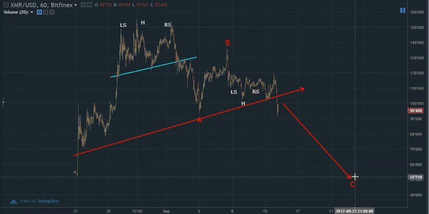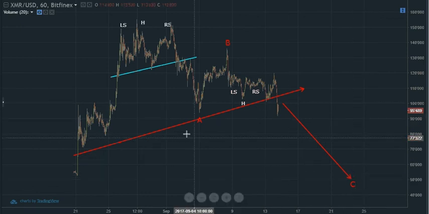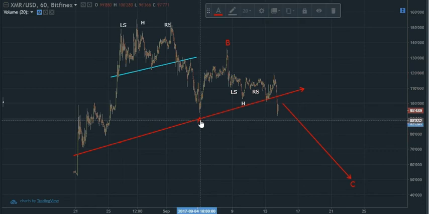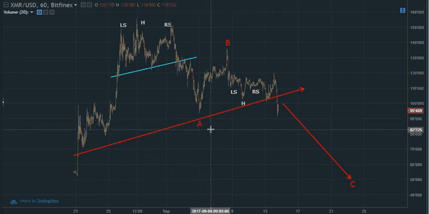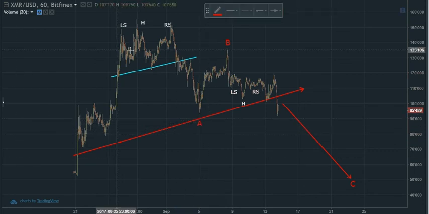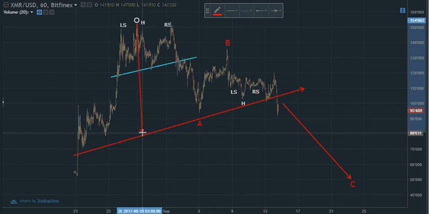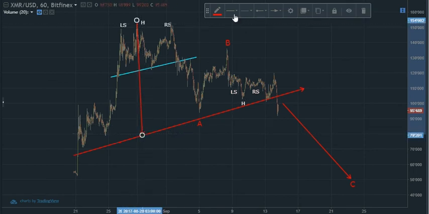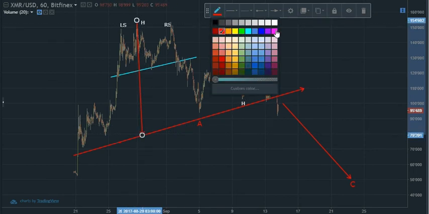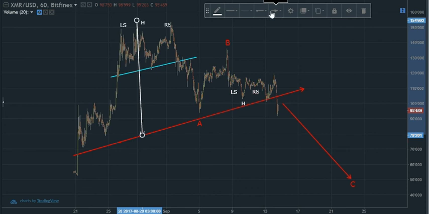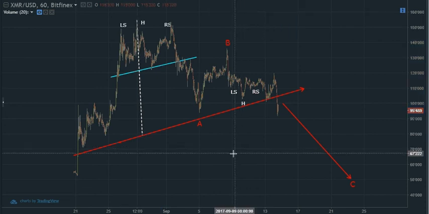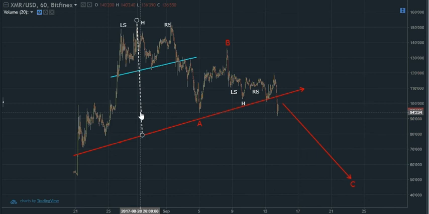I'm usually pretty close to it because I don't have the time to do every calculation in Fibonacci ratios. So let's calculate the minimum on this. Okay. So I get the minimum line.